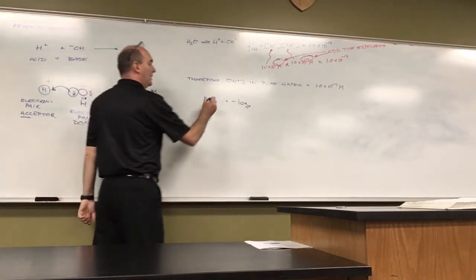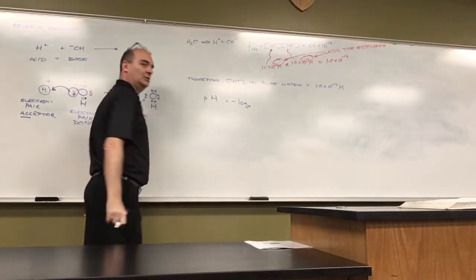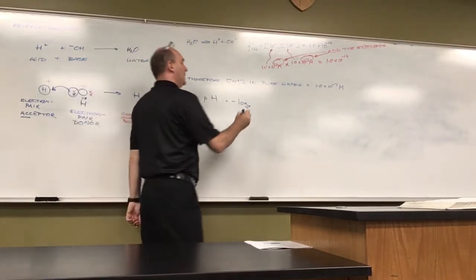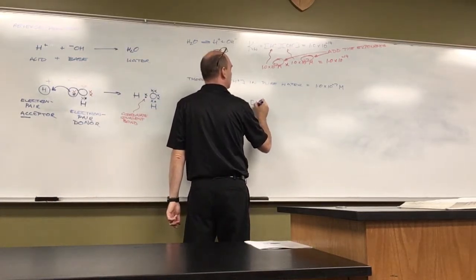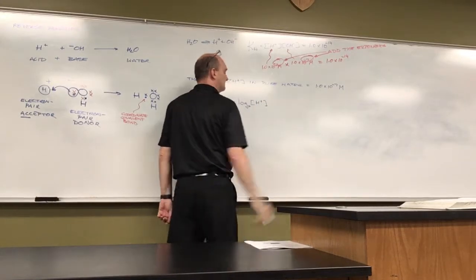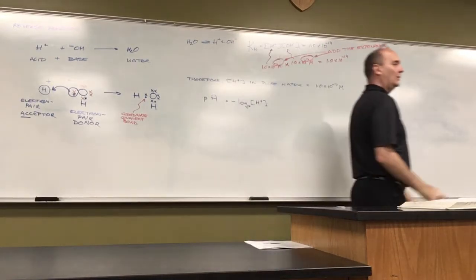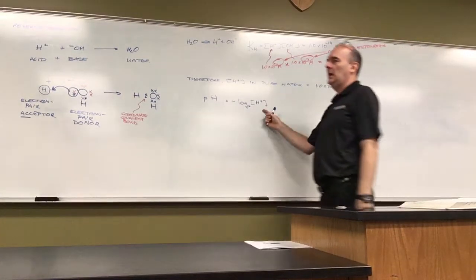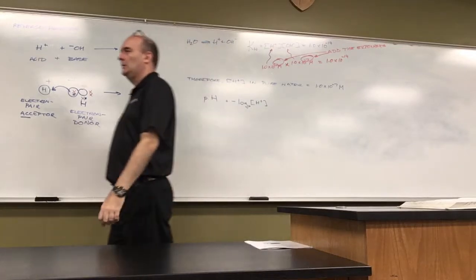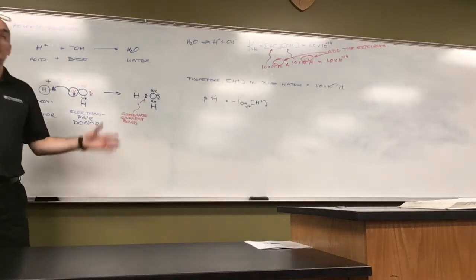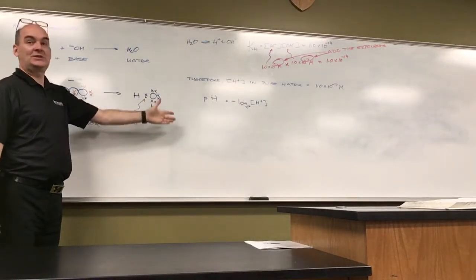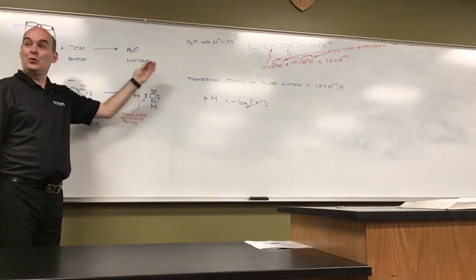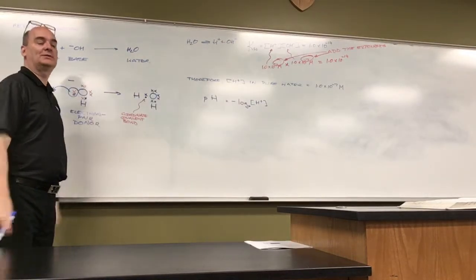So pH now becomes the negative log of my H plus hydronium ion concentration, and we are treating all H pluses as the true acid that's actually floating around the solution.